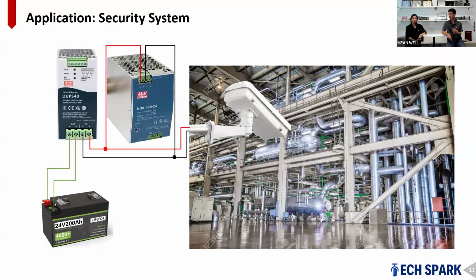So for this security system, the users usually don't want to lose their eyes, and in the industrial field, the backup energy is required when the AC fails. So then the combination of the DUPS and the dimmable power supplies is very suitable for these applications.